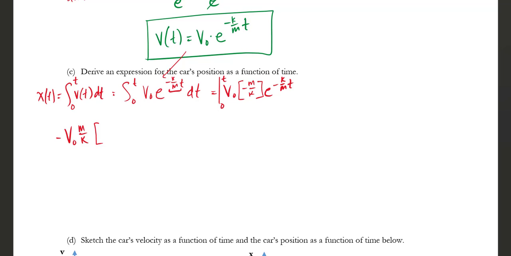And then we have t for time and then 0 for time. So we have e to the negative k over m t minus e to the negative k over m times 0. So there are my limits of integration after pulling out the constants. And now e to the negative k over m times 0 is really just 1. So this turns into negative v naught m over k times e to the negative k over m t minus 1.